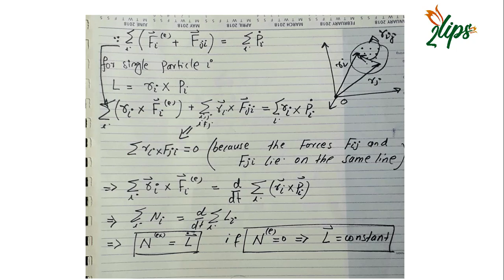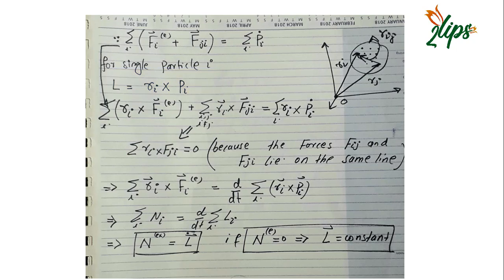Next is the conservation of angular momentum for a system of particles. The angular momentum for a single particle is defined in this way, that is r_i cross p_i, where i represents the particle, p is the linear momentum and r_i is the position vector with respect to the origin.